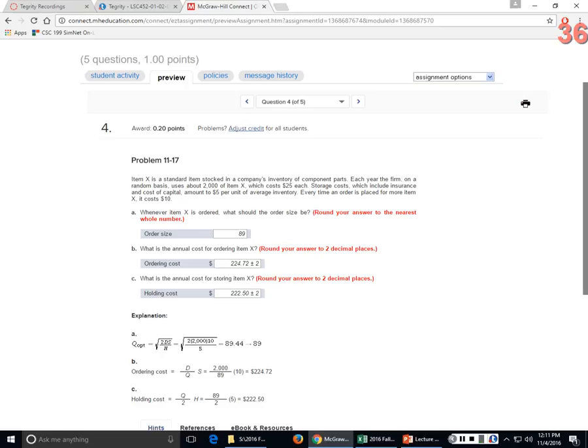Then it asks what our ordering costs are. If you remember, we had our total cost equation. D times Q is the total purchasing cost.